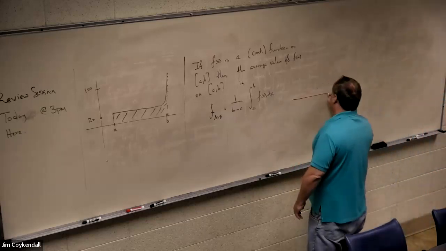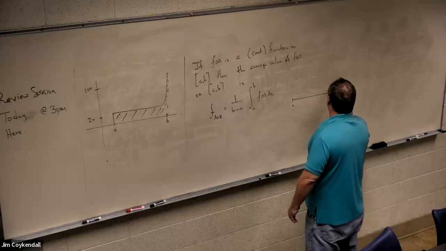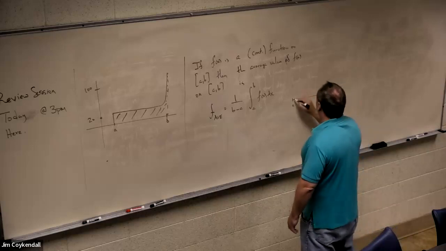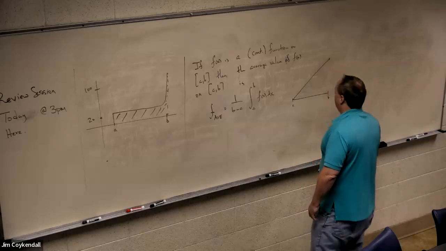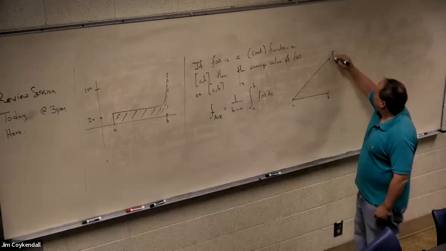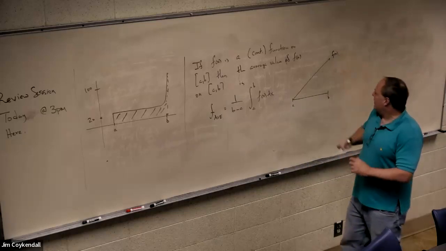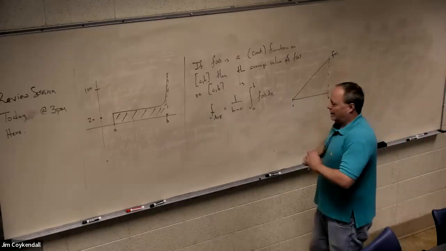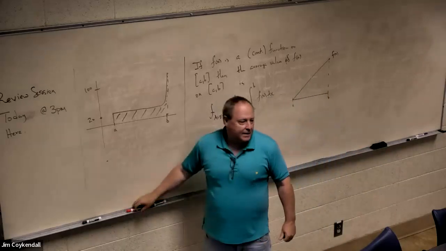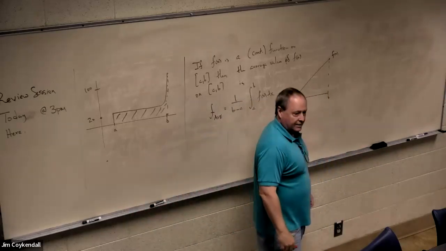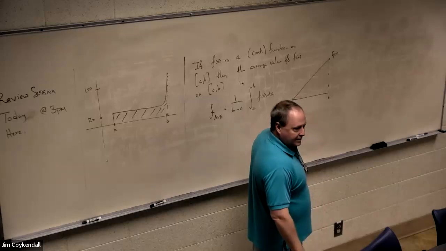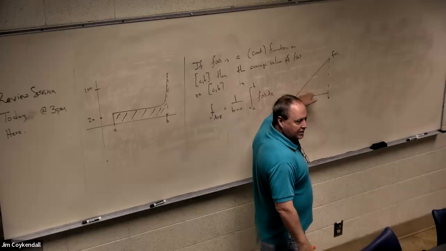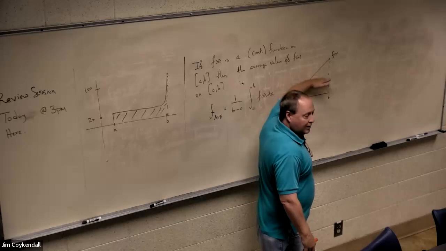You have something like this. This is your function. The average value of this, anybody want to guess what it is? What the average value is? This one should actually be halfway up.